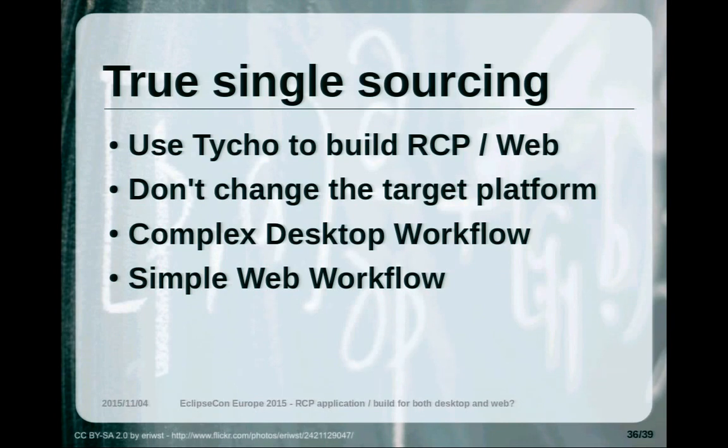This could also be a way to bundle it and to stay in the context we are in. We don't have to leave our IDE. We don't have to change the target platform. We use the target platform we've defined for our RCP application and just deploy to Virgo.